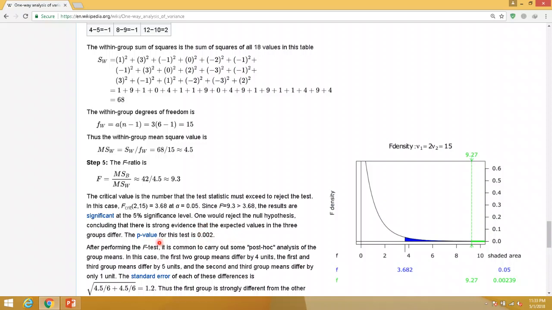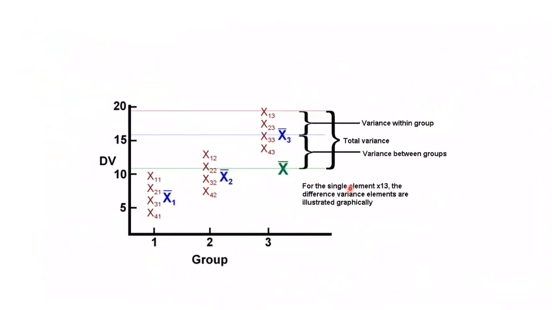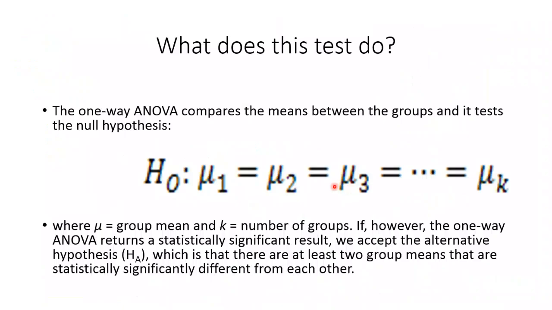After performing the F test, it is common to carry out some post hoc analysis of the group means. Coming to the null hypothesis in our study, that is the study of the students of NMC: mean score of first year, mean score of second year and third year.